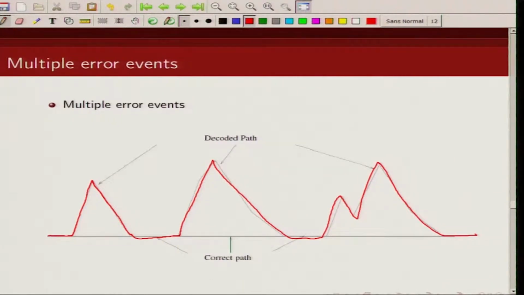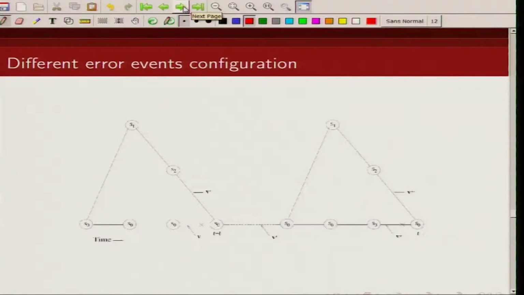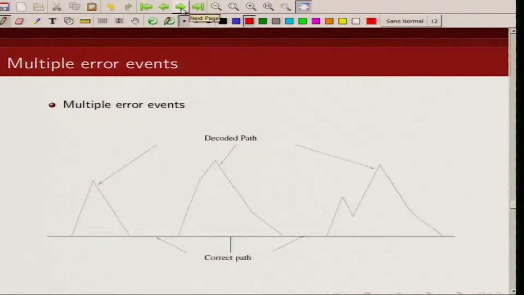Now, if your decoded path is this, that means the metric that you are getting here is better than the metric value for all 0 state, and that is why you are deciding in favor of this. Now, there are multiple ways in which these errors can happen.